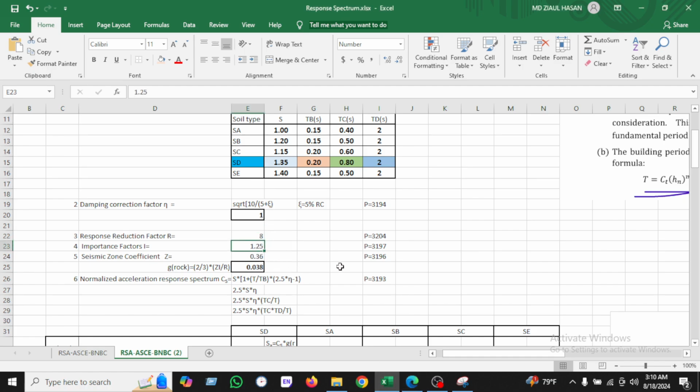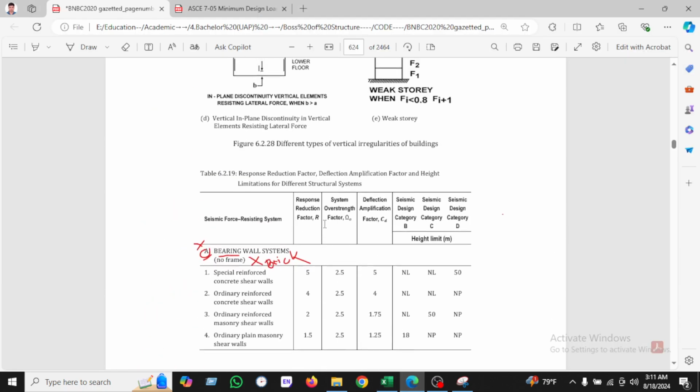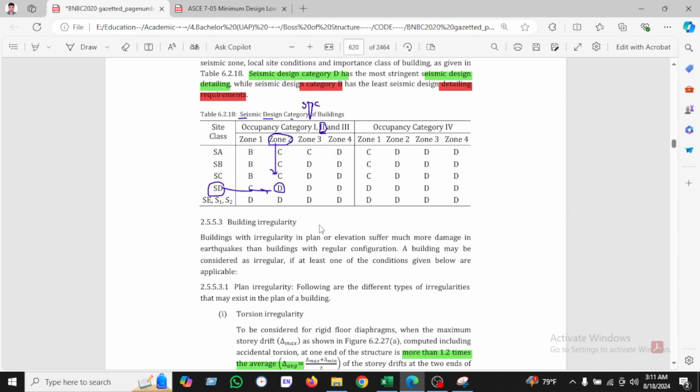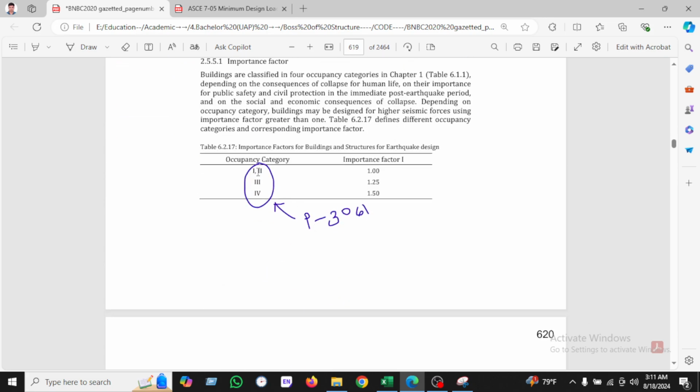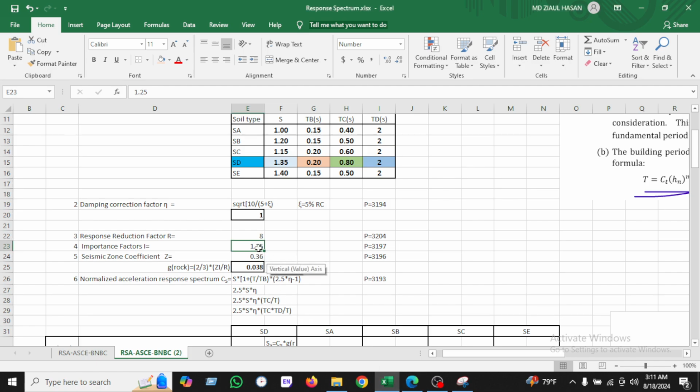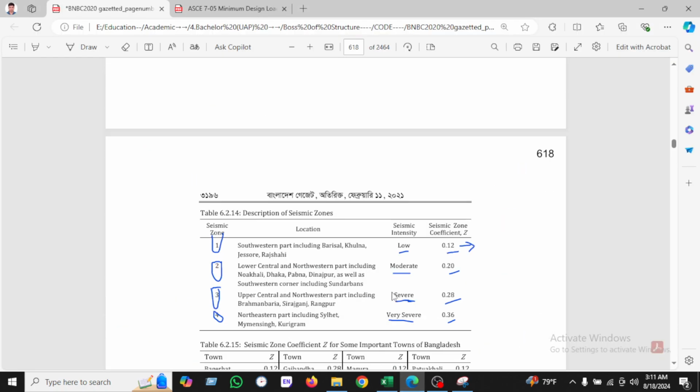In this way we have taken the I value; I'm just showing why I have taken it here. As the importance factor of the building is category 3, I have taken 1.25. Z is the zone coefficient.